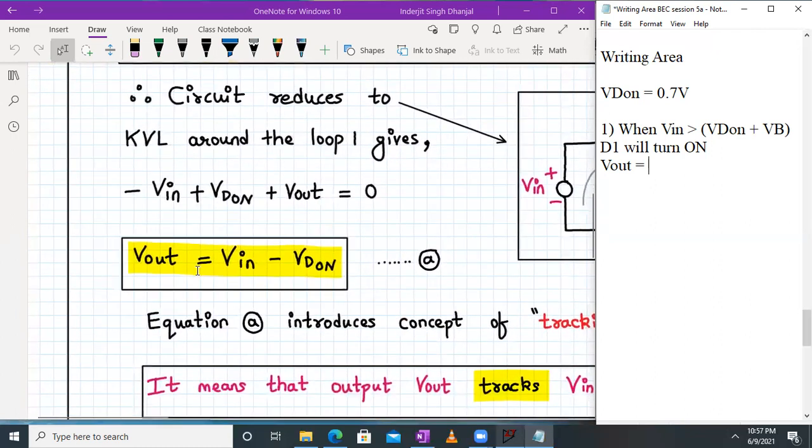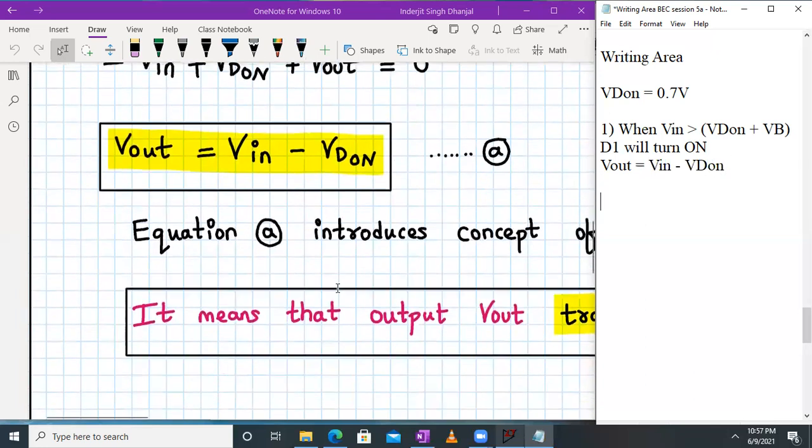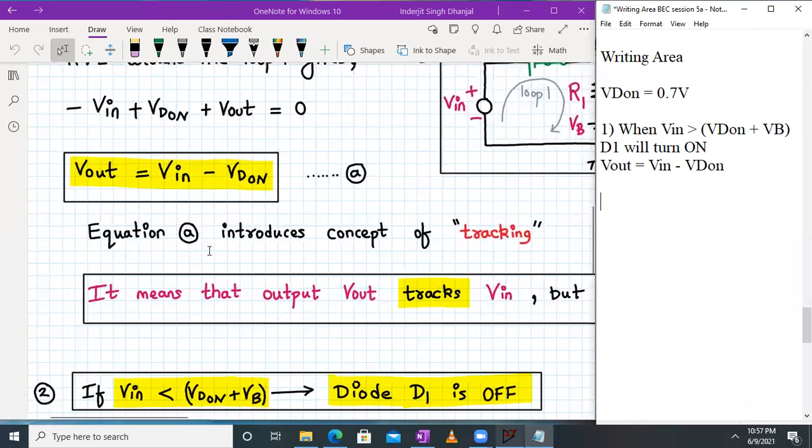So what do we have over here? Vout is given by, if you rearrange, Vout will be equal to Vin minus VD on. So this is again related to the tracking. So we say that the output tracks the input but with a shift of VD on.